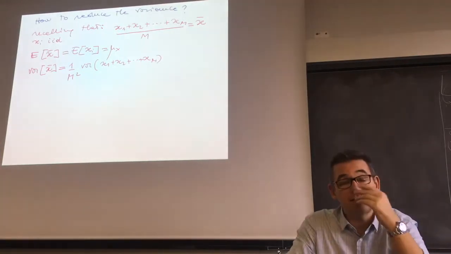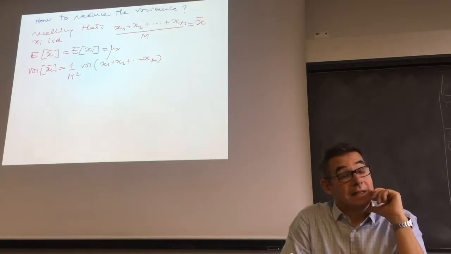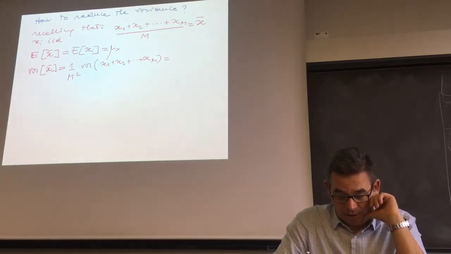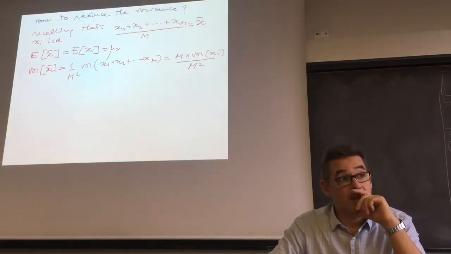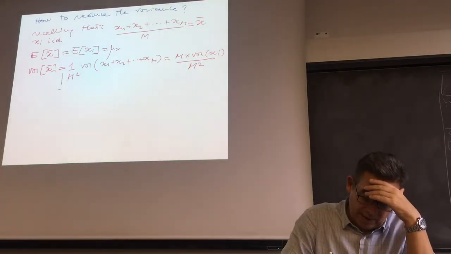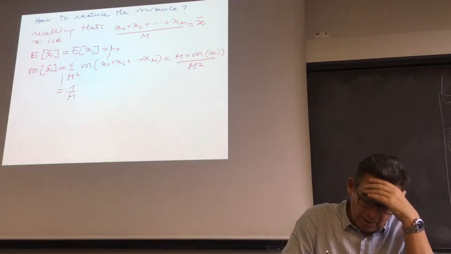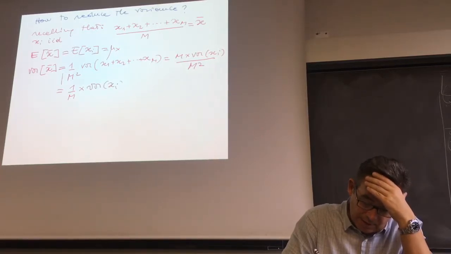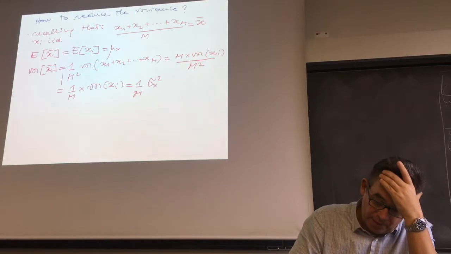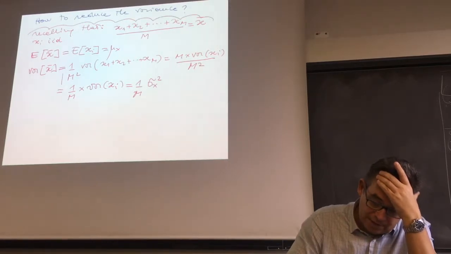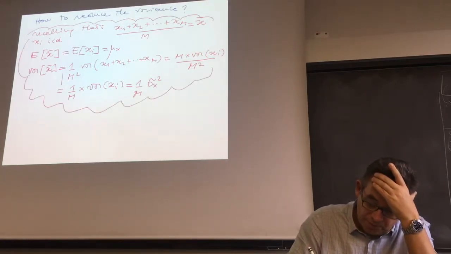Since these quantities are statistically independent, this is equal to m times the variance of each individual variable divided by m squared. So the variance is 1 over m times the variance of the individual xi, which might be sigma squared x.